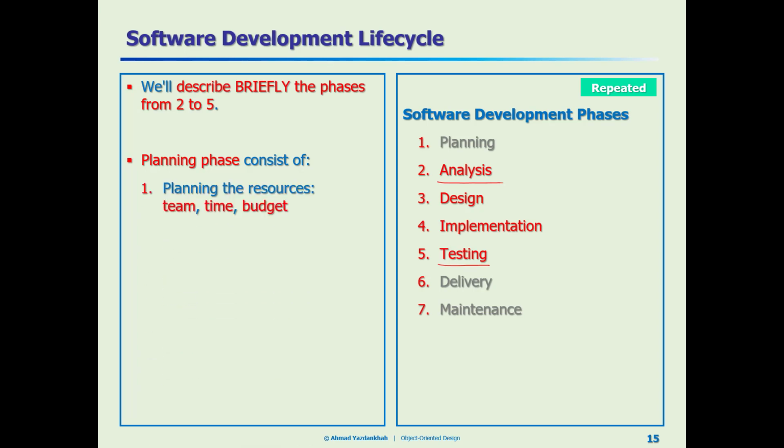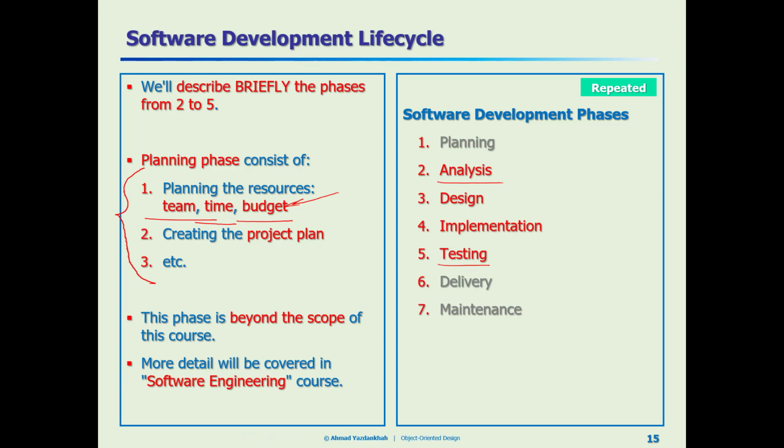In planning, we start planning for the resources, the time we would need, and the money budget, right? How many people we need, how much time we need, and how much budget. And then we will create a project plan and these kinds of things. I am just giving you some taste here, and hopefully you will see it in the software engineering course.